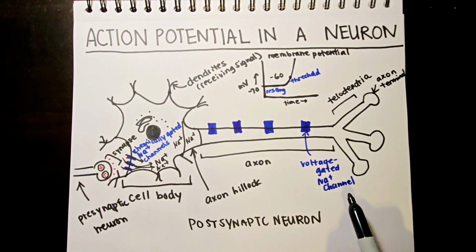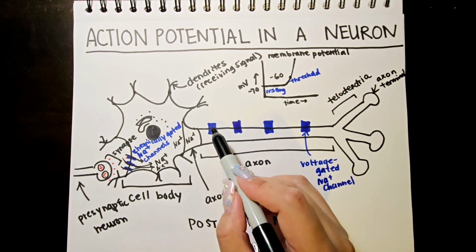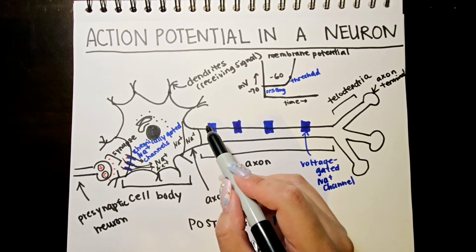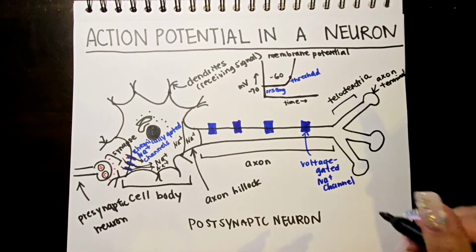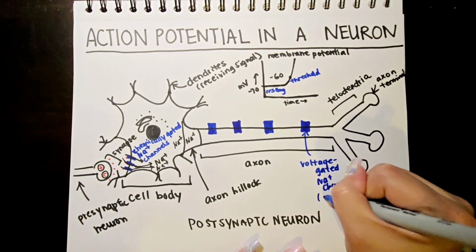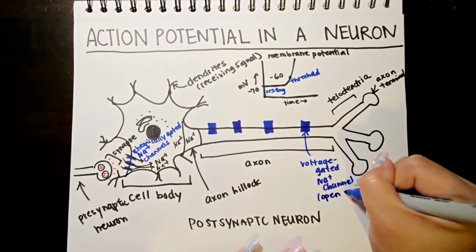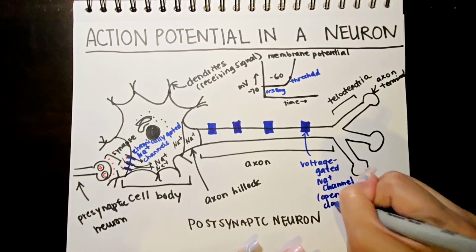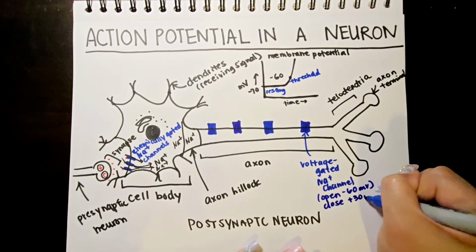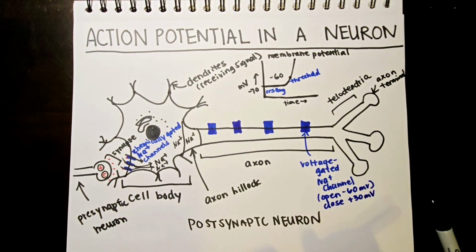Voltage gated means that it must be activated only when the neuron's membrane potential has reached a certain point. In this case, for the sodium ion channel, they will open at negative 60 millivolts and close at positive 30 millivolts. And that's just the way it is.